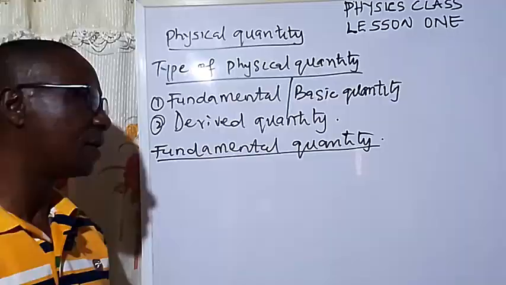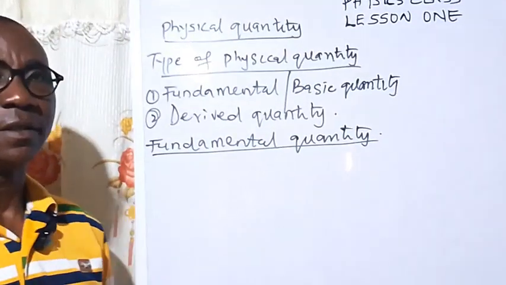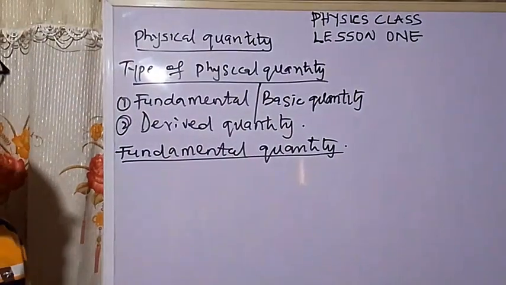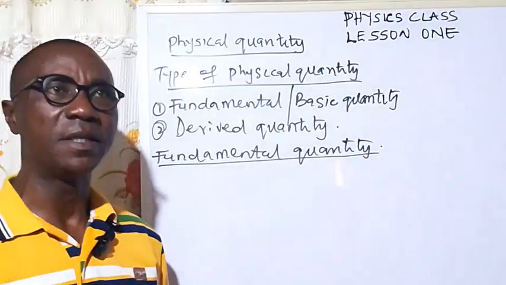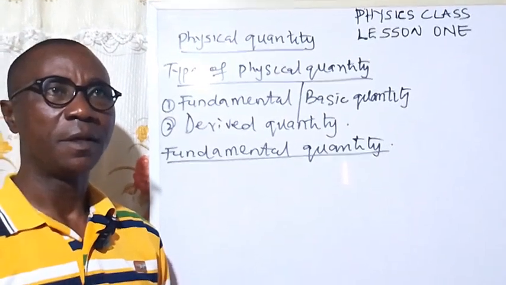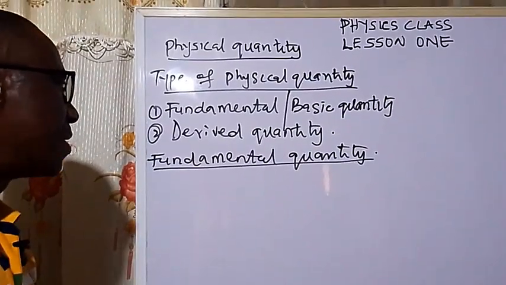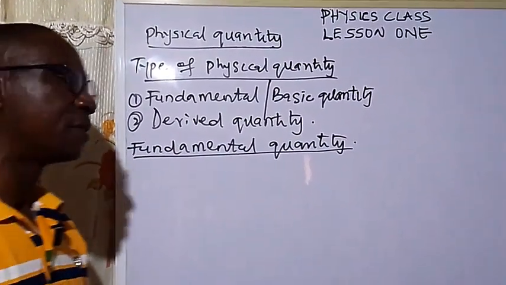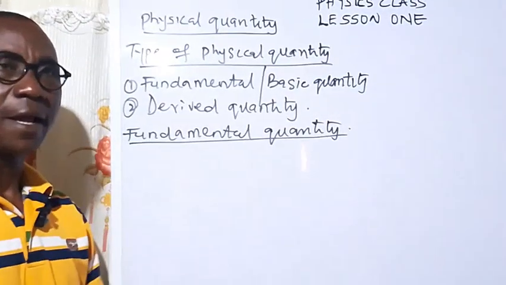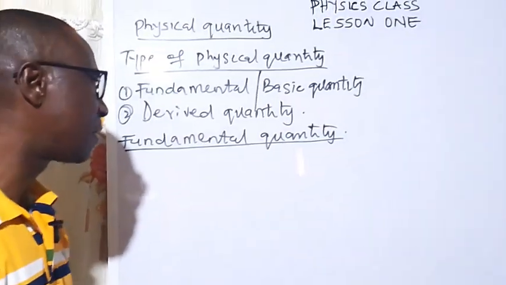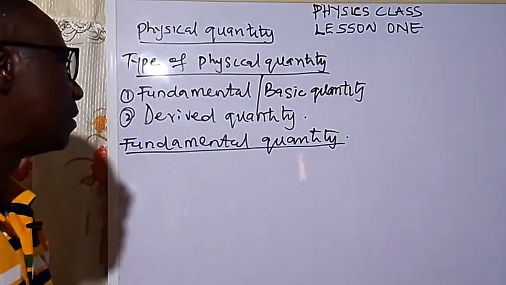I take it again. Fundamental quantities are those quantities from which all other physical quantities are being derived. That is, the fundamental quantities do not depend on other physical quantities. It is from them that other physical quantities are being generated.